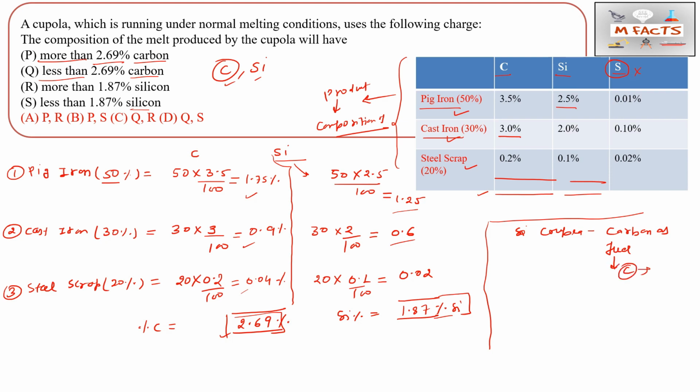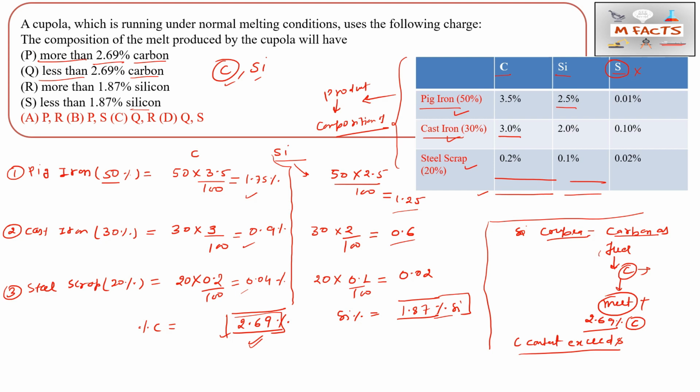Since we also use carbon as a fuel, that carbon will also come into the melt. We already have 2.69% of carbon, so this carbon and that carbon will be added and we will get more carbon. So the carbon content will exceed, meaning it will be more than 2.69, because some carbon is coming from the fuel also.